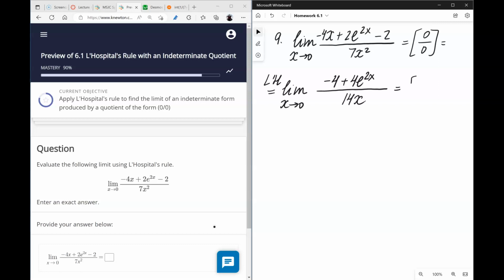Plugging in 0 for x, we still get 0 over 0. We use L'Hopital's rule again. And it's going to be 8e to the 2x divided by 14. And now this function is actually continuous at 0, so the answer is 8 over 14, or 4/7.